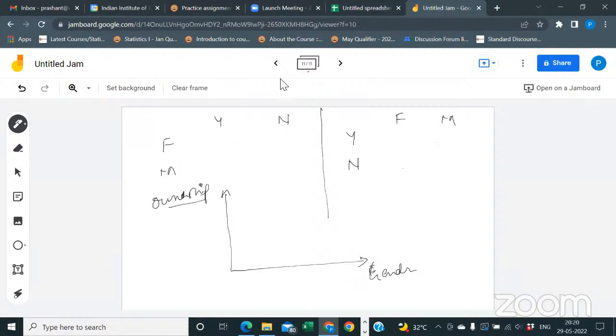Sir, will you please repeat his question? Yes, sir, I can repeat. Ma'am had told that in case of a contingency table, there are two variables. First variable goes into the row, and second variable goes into the column. My question was how do we identify which one is the first variable and which one is the second one? Why do we want to identify first of all?